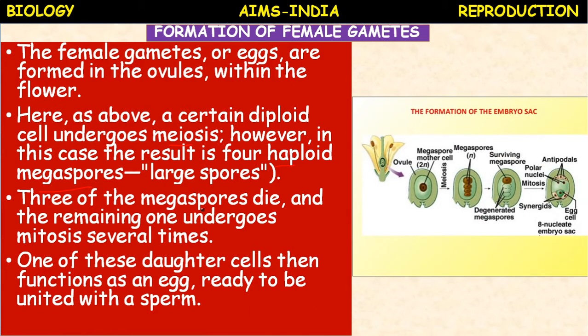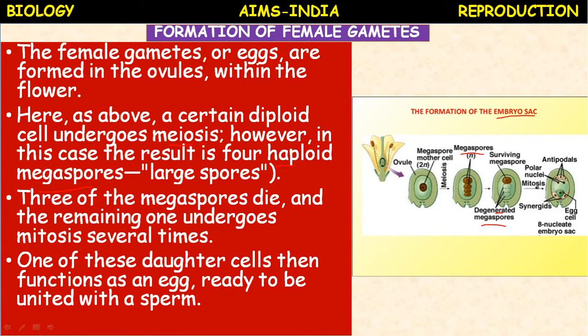If you go through the formation of the embryo sac, or the female gamete, the embryo sac actually consists of a set of 8 cells. Inside the ovary, ovules are present. Inside the ovule, the megaspore mother cell, 2N, undergoes meiosis and produces 4 haploid megaspores, N. Out of these 4, 3 degenerate, and only 1 survives.